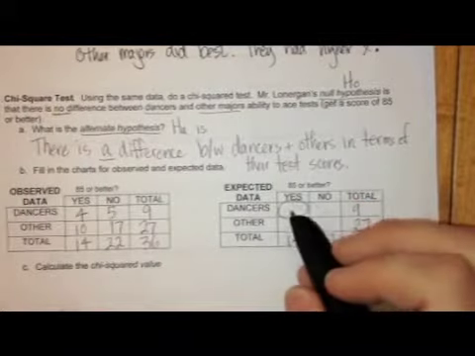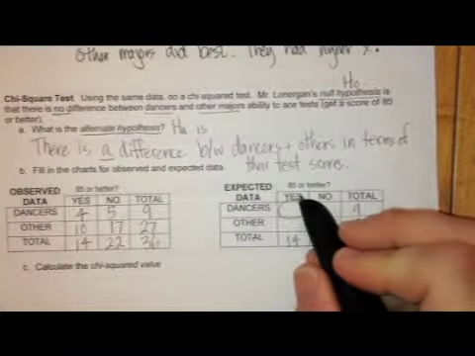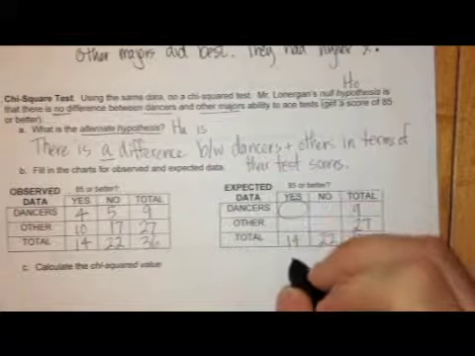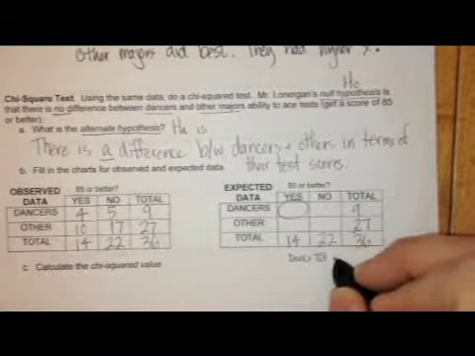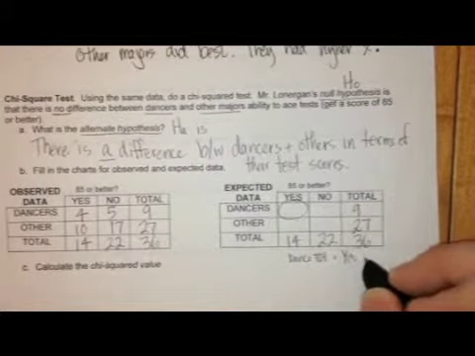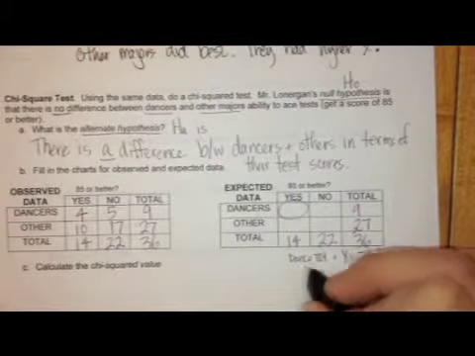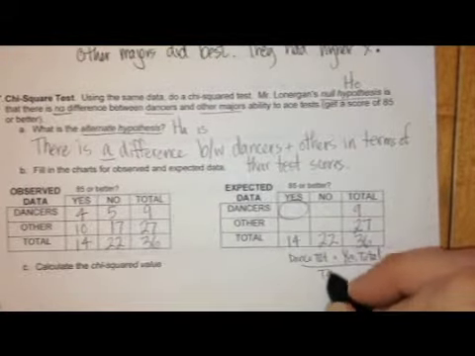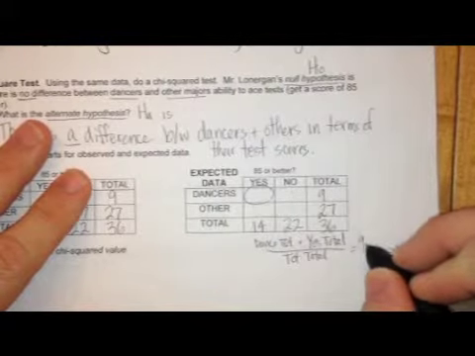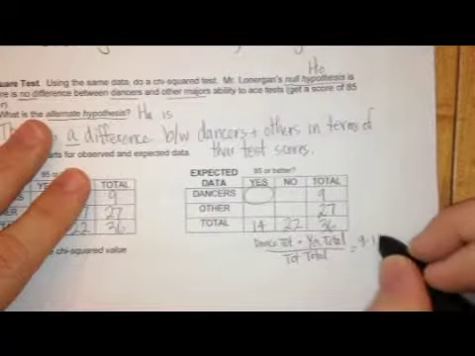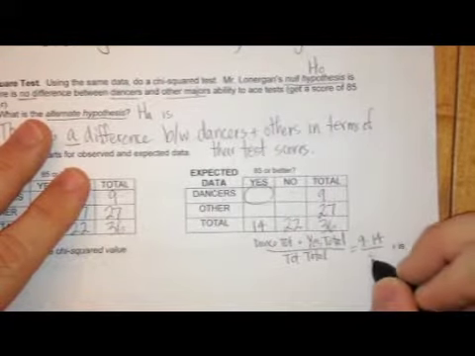If I'm looking for my expected value of dancers who said yes, I'm going to do it this way. Dance total times the yes total divided by the total. What does that equal? For this example, it equals 9 times 14 divided by 36.